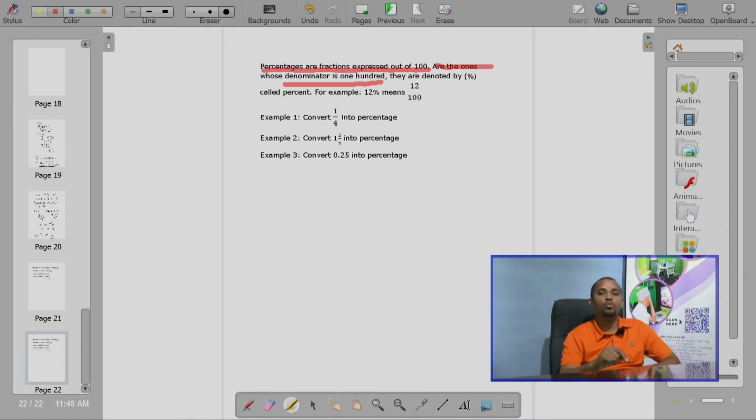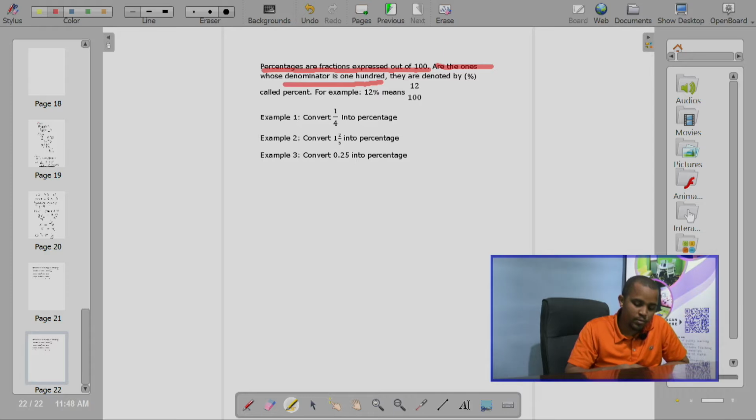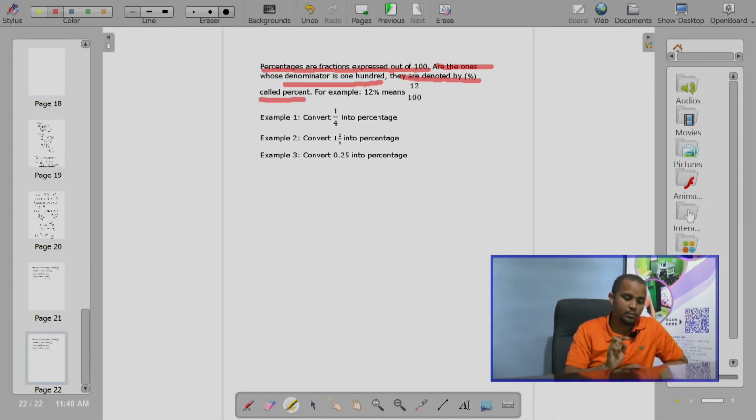Percentage is always denoted by this symbol called percent. For example, if you write 12%, it means 12 over 100.